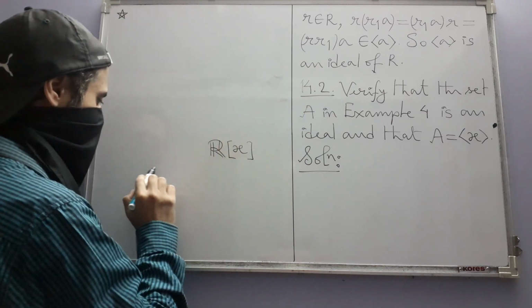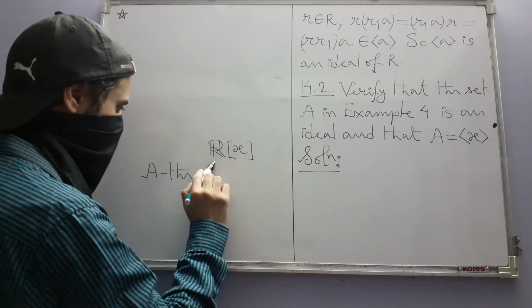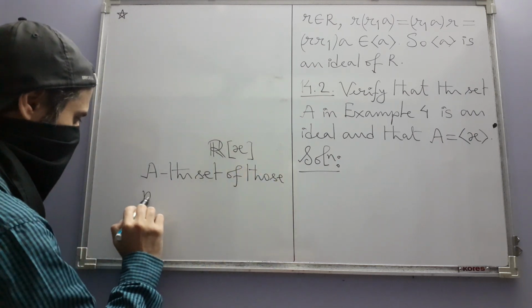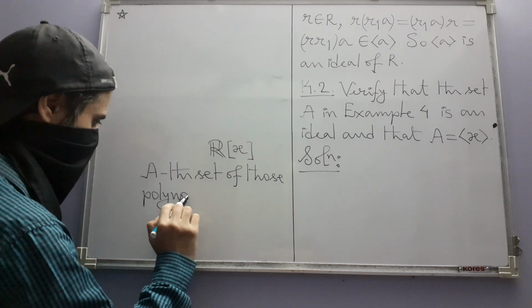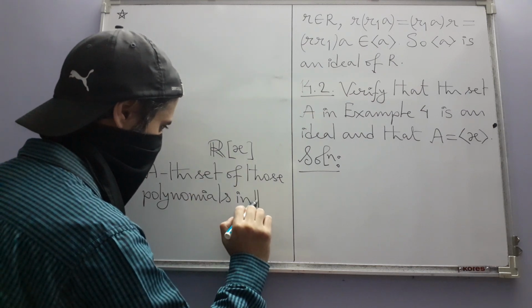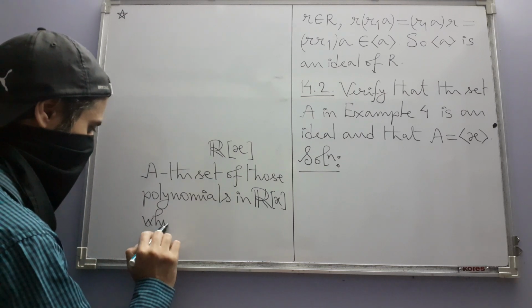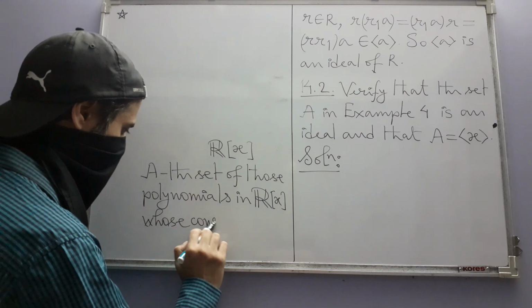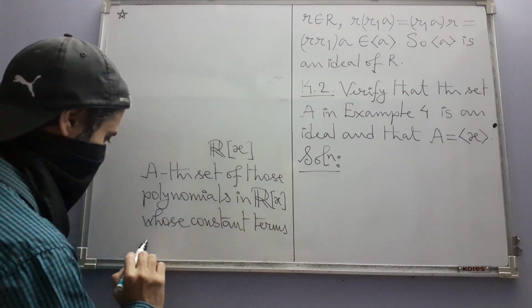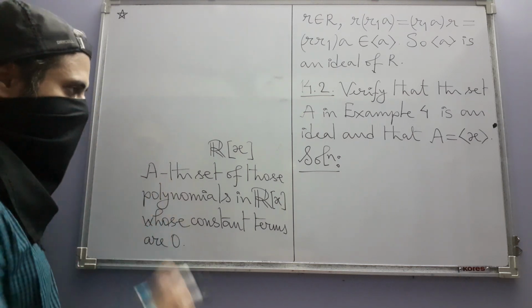And the set A here is the set of those polynomials in R[x] whose constant terms are 0. Okay, so that's what the set A is.